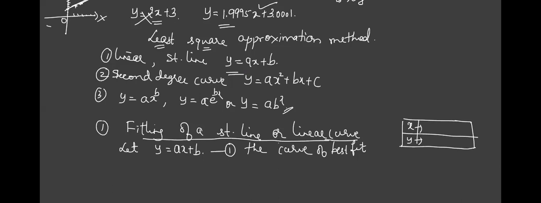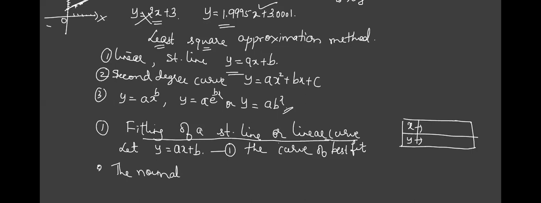Got it? So here what we have to do is take in general y equal to ax plus b as the curve of best fit, or the best fit straight line. The word is best fit because that is the ultimate result. Now, second thing, after this we form the normal equations.